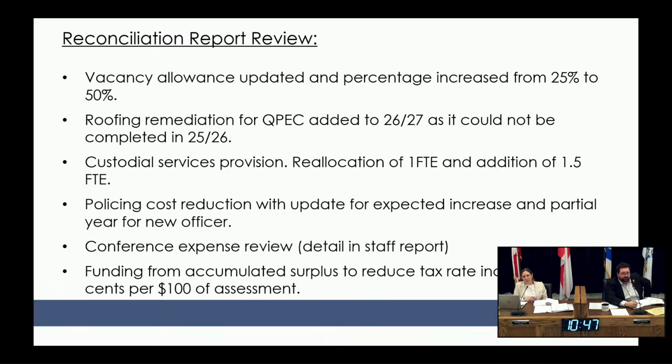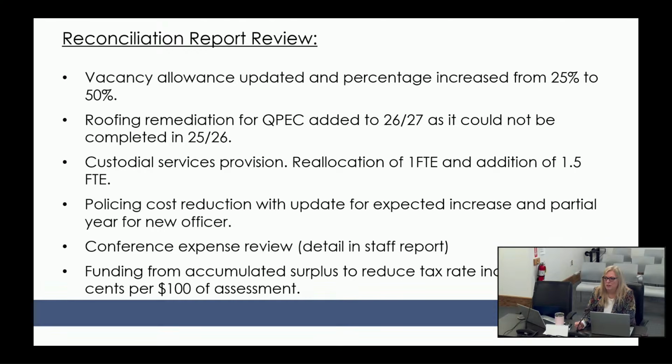Correct. So both myself and the deputy CAO were in contact with people from the province regarding the cost of policing, and I budgeted a 5%. The more current information is a 3.4, so there was a savings there. Initially, we budgeted $225,000 for an officer at 2. We've reduced that to 1.